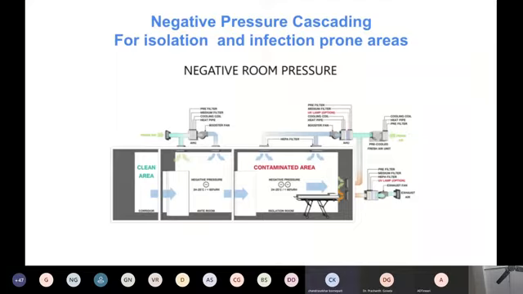So every isolation area or any infected area will have air handlers, and the selection of the filtration and the cooling part of these air handlers matters, because the coils which are used to cool the area also carry a bioburden. So all these areas have to be properly adapted, cleaned, and all the ionizers should be in place.